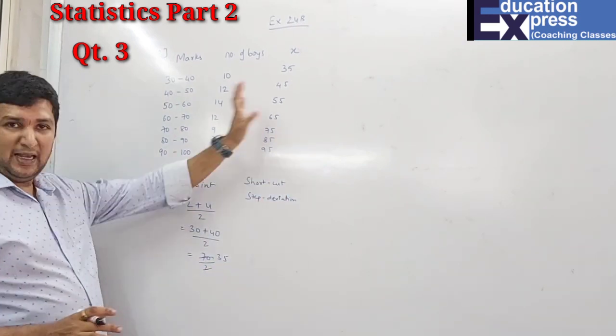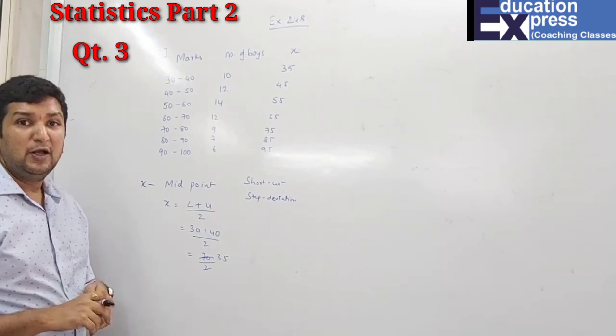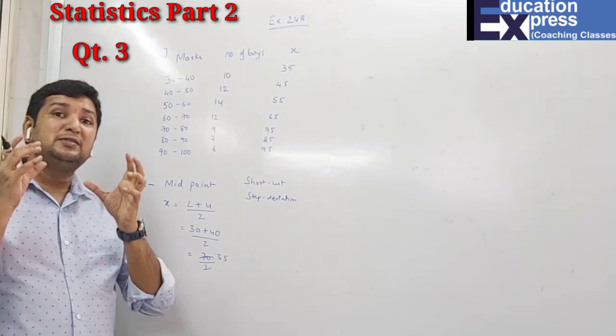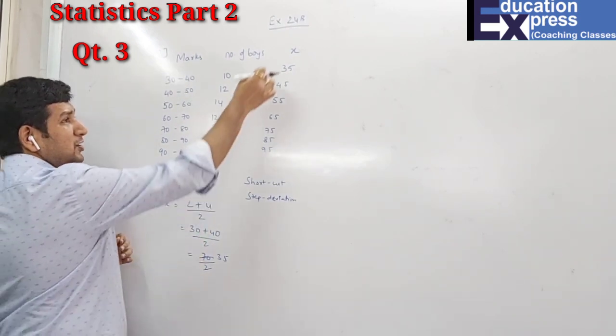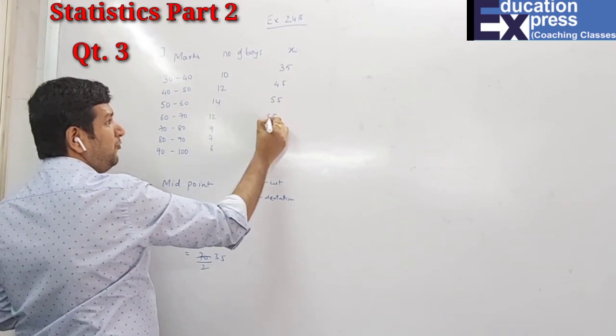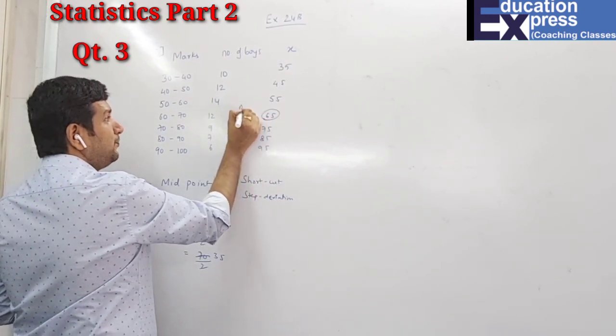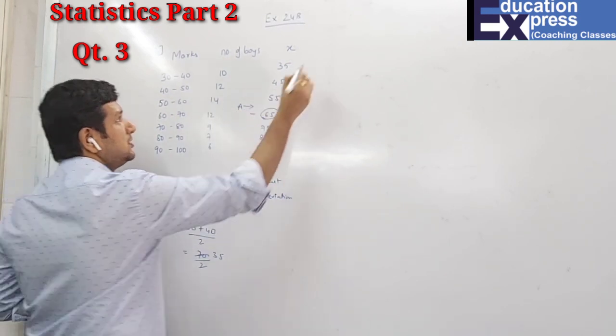If the sum is same, your answer has to be same. So first we'll start with the shortcut method. For shortcut method, I have told you that you have to assume a mid value from the observation. The observation for us is x. The mid value will be 1, 2, 3, 4, 5, 6, 7, again the fourth value, which is your assumed mean. That means your assumed mean now is 65.